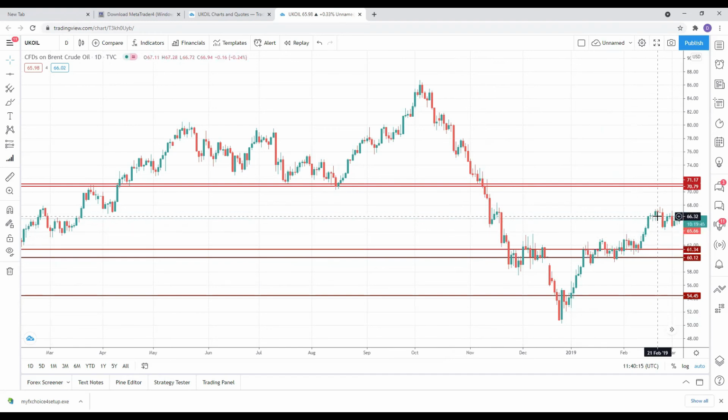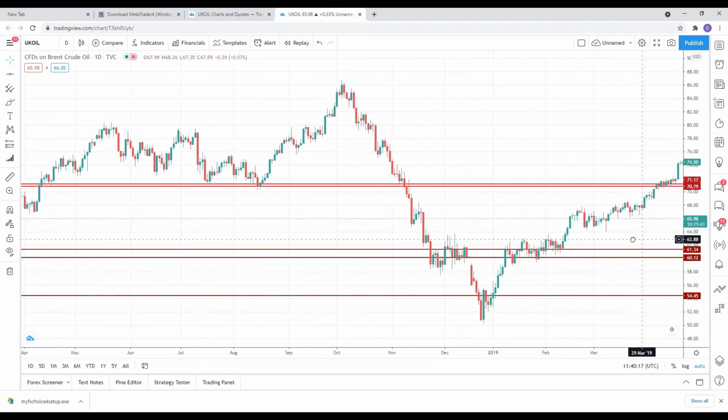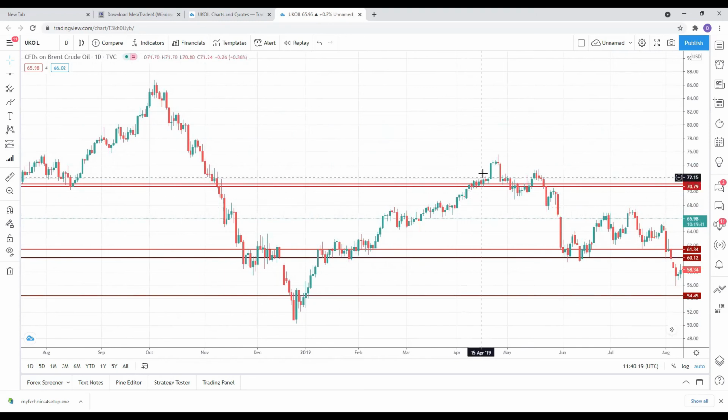Then the price of the asset went up. A breakout occurred here. The price of the asset broke resistance. It consolidated around this area, which is now acting as support. It broke support. It bounced off the previous area that was acting as support, which is now acting as resistance. It bounced off resistance. The price of the asset went down.